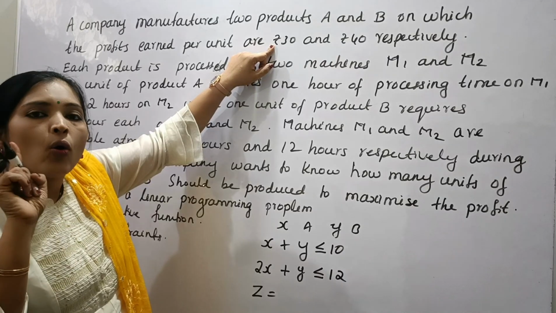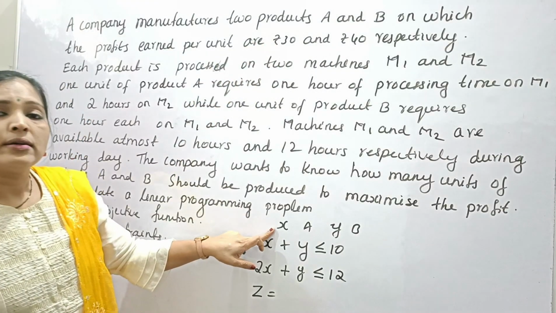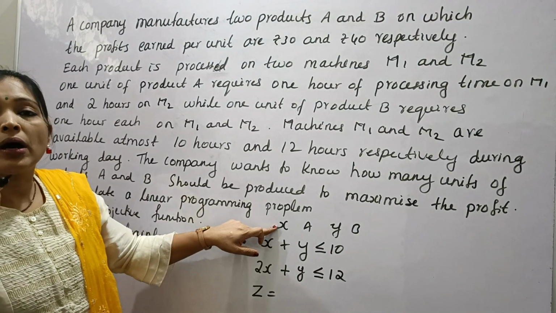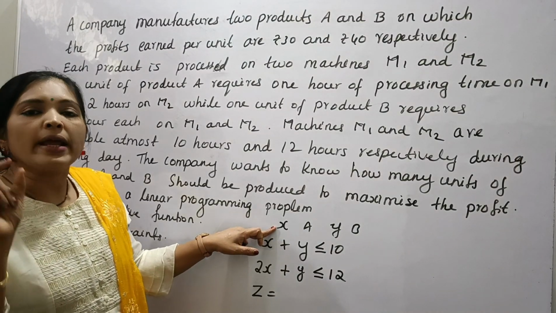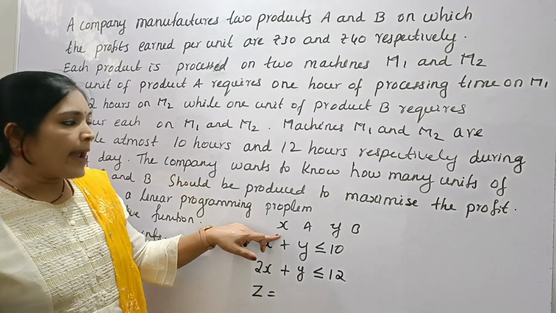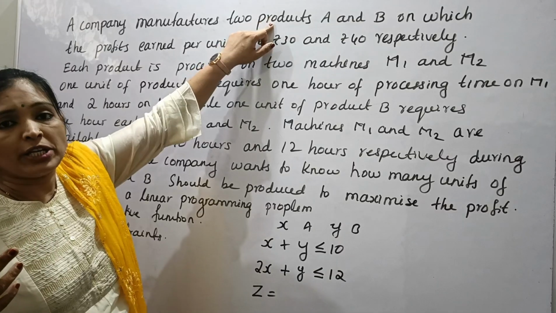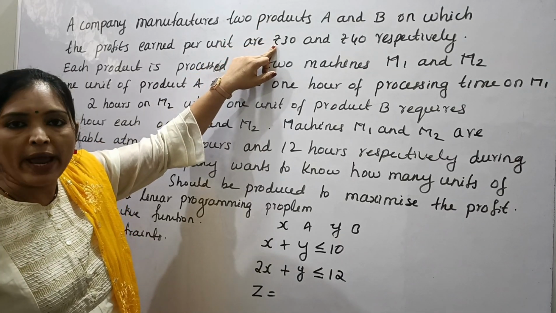There are X units of product A. That is X into 30. Total profit for product A is 30 into X.